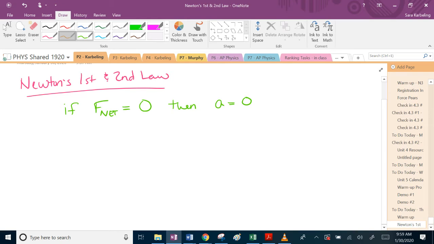Okay? Is it possible for the object to be moving? Sure, the object could be moving. So the object may be at rest or moving. But if it's moving, what do we know about its velocity? It's a constant velocity. You got it.